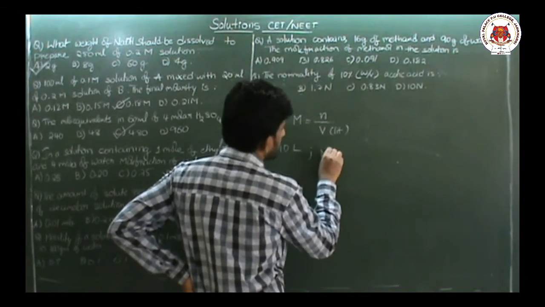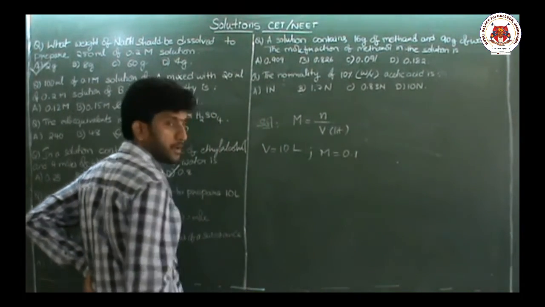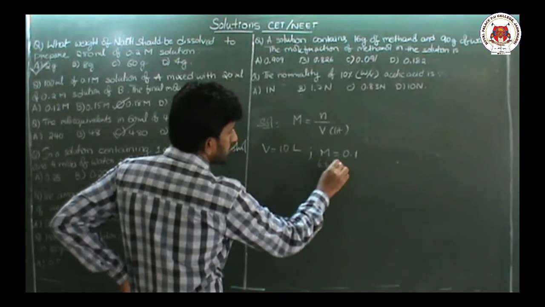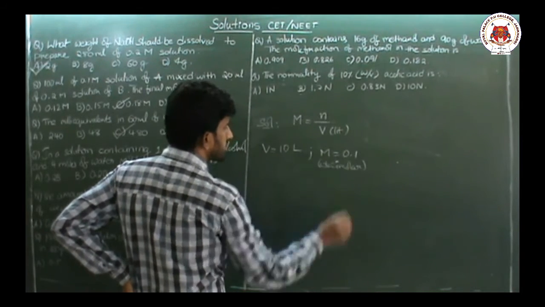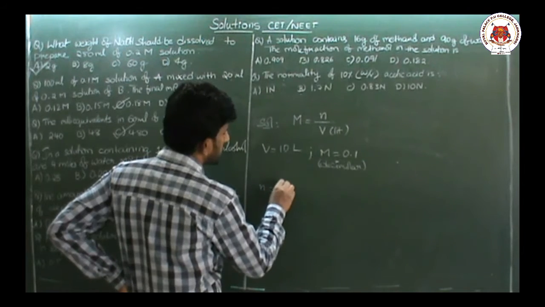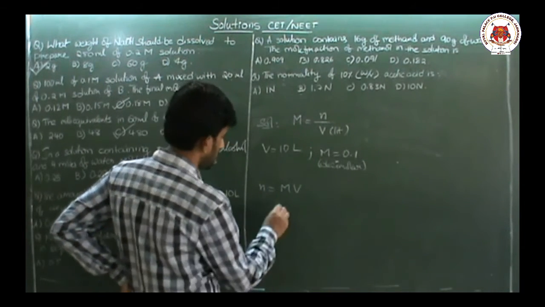Decimolar means molarity is how much? 10 power minus 1, which means 0.1. Then what will be the number of moles? Number of moles will be equal to molarity into volume in liter.